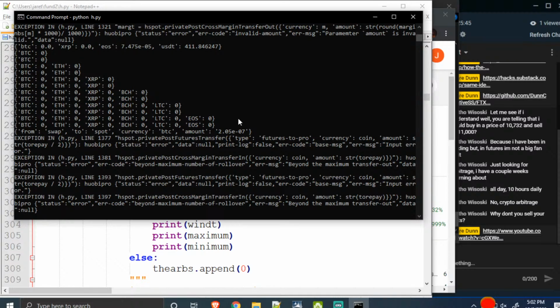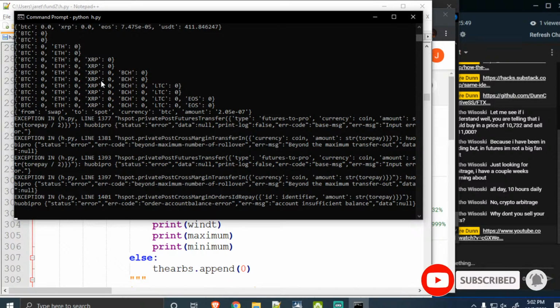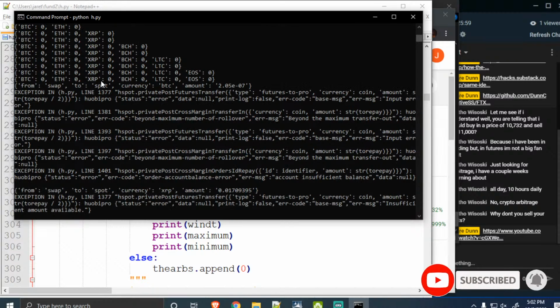Ideally, we want to have balances here, which is our swaps and futures balances. And then we're going to see who's trading or getting into unhedged positions.